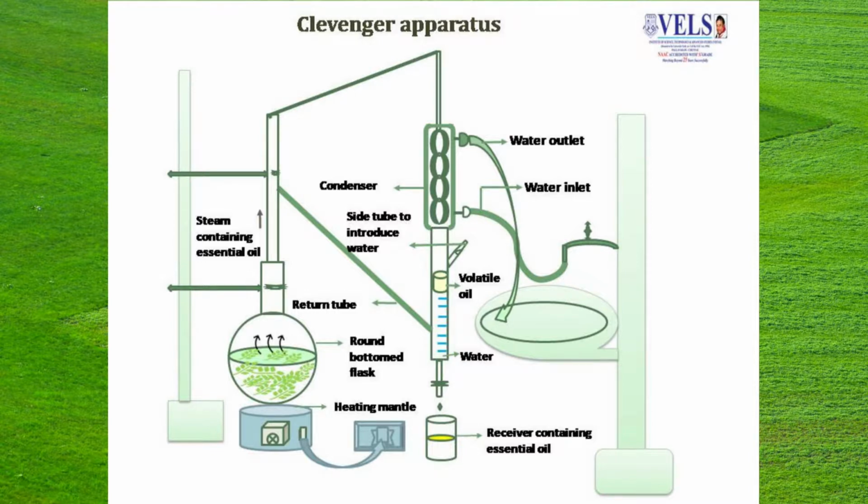From the condenser, the distillate flows into a separator where the oil separates automatically from the distillate water. Being slightly soluble in water, the volatile oil subsequently separates from the aqueous portion of the distillate in layers. This is the basic principle involved in the extraction of volatile oil using the Clevenger apparatus.